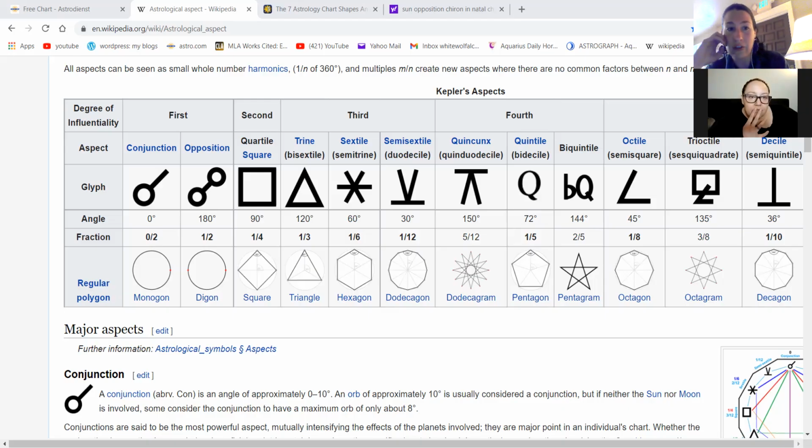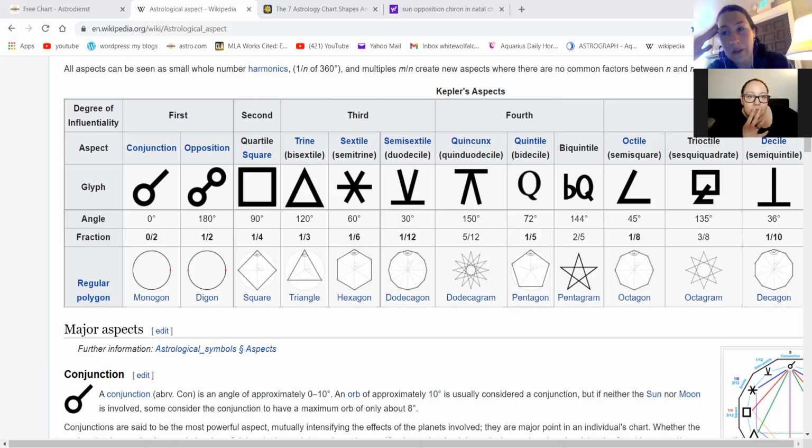I mean, there's a quintile, biquintile, it's got all the weird angles, 72-degree angle, decile, 36-degree angles, septile, biseptile, triseptile. All these things I researched, I read about them. Some of them exist online. Some of them you can Google, well, what does it mean to have Venus binovile the sun?